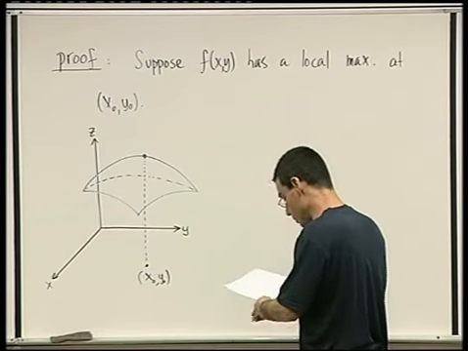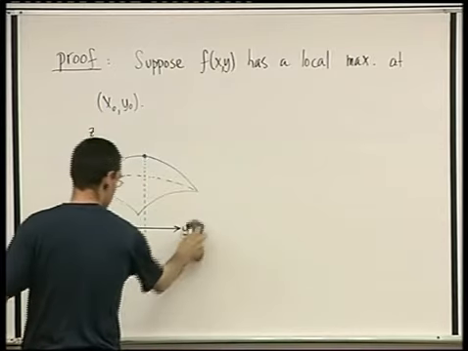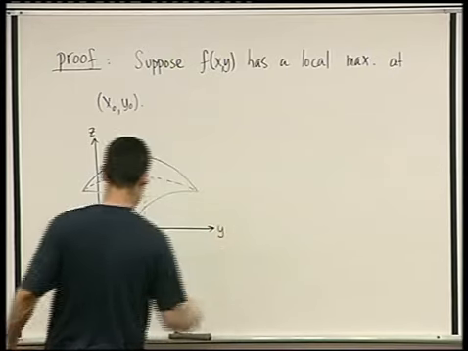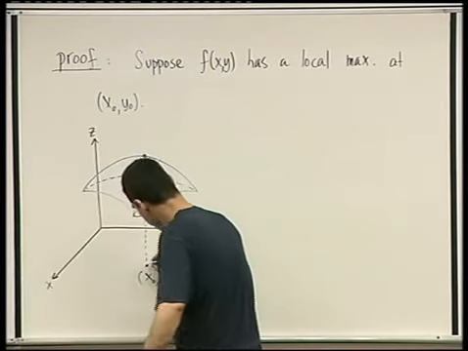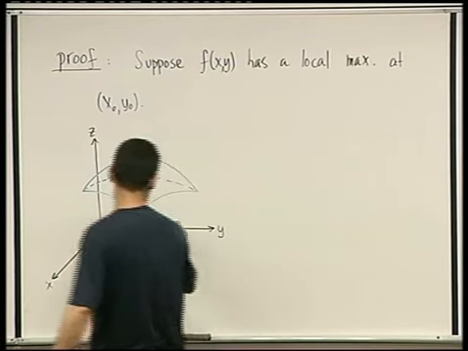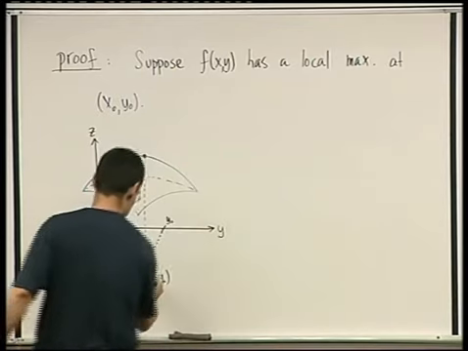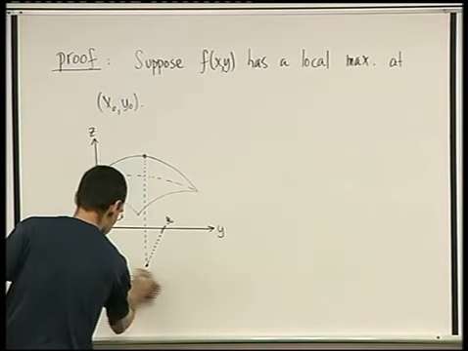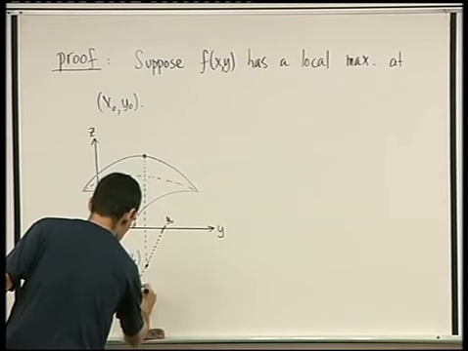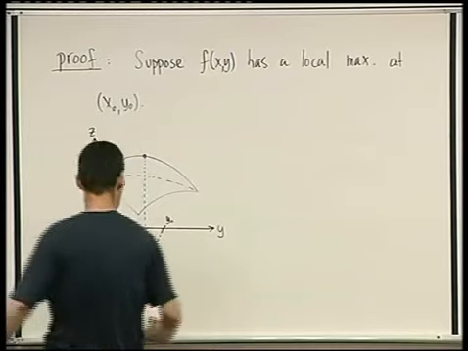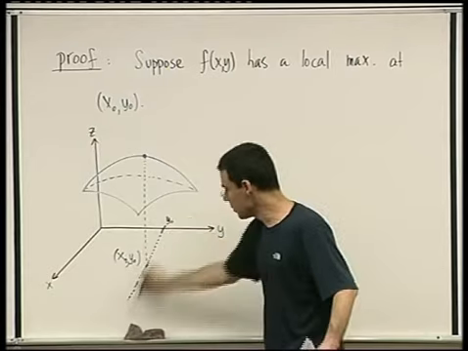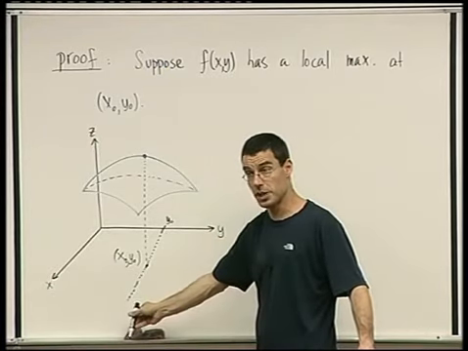And what I'm going to do is slice it. I need the y-axis a bit longer. So I'm going to look at a fixed y0. Here's y0. All the points along this line have y0 as their y-coordinate. Do you see a line on the floor?